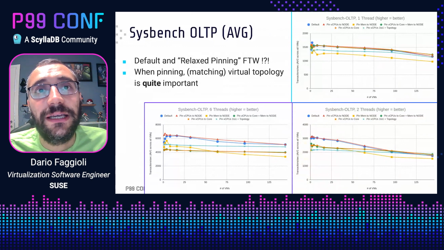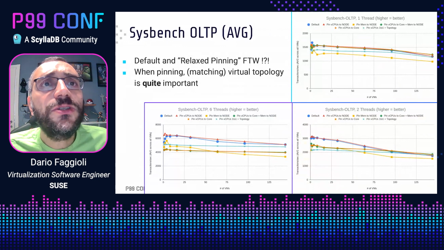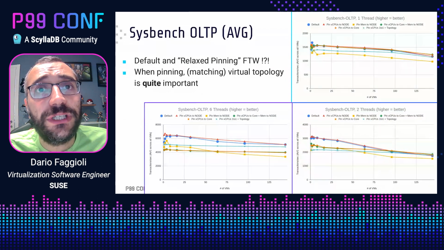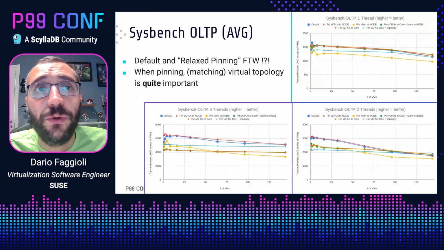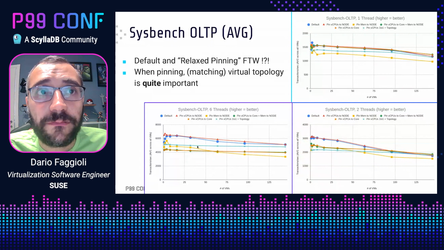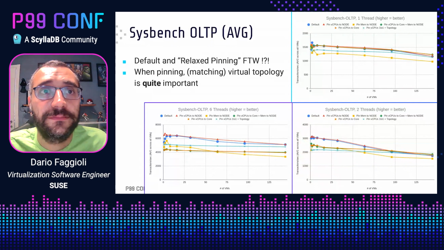Well, at least the one-to-one pinning configuration is better than the other strict pinning strategies. It's also interesting to note that for this workload, with the fully tuned configuration, performance seems to not vary much when more VMs are active on the host. That's nice.